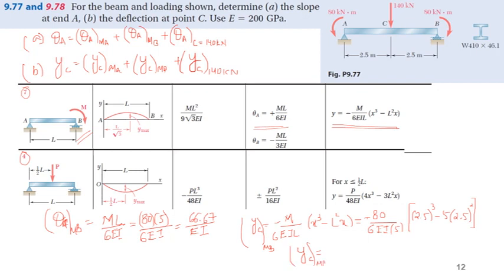If we solve it by putting the values, we get 125 times EI.